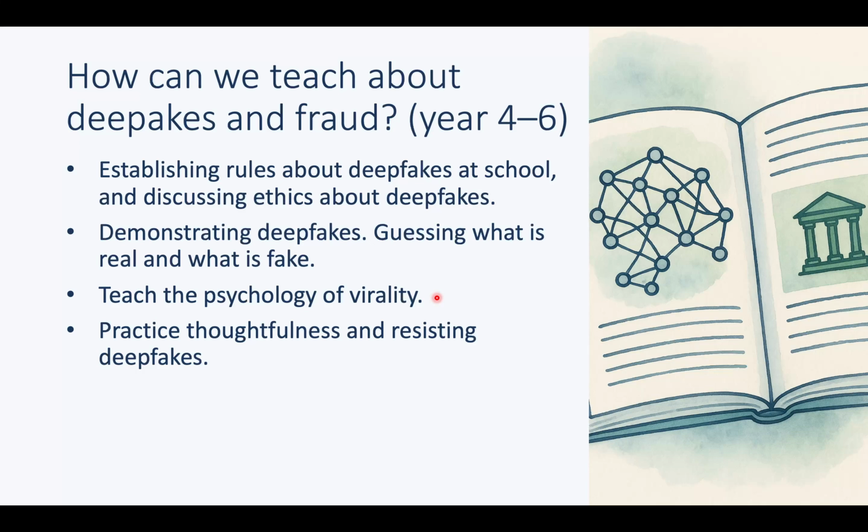Because that is a huge part of understanding the deepfake problems. It's partly about the actual media, but also the content and the intents. Understanding the psychology of virality is useful.